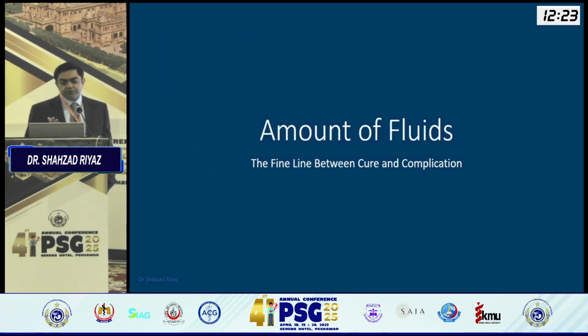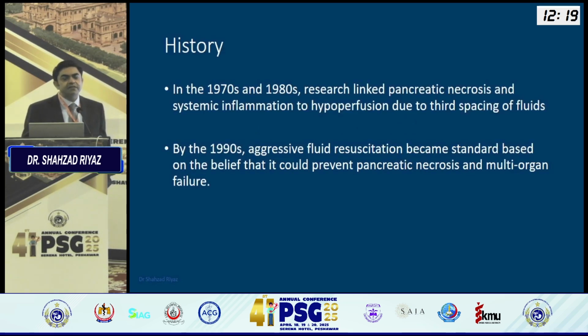The amount of fluid has been at the center of the management. Early on in the 1970s, it was recognized that one of the reasons why patients progress to severe pancreatitis is because of the hypoperfusion of the pancreas. And so in the 1990s, there was a drive towards aggressive fluid management with hydration, although there was no hard evidence or guidelines.